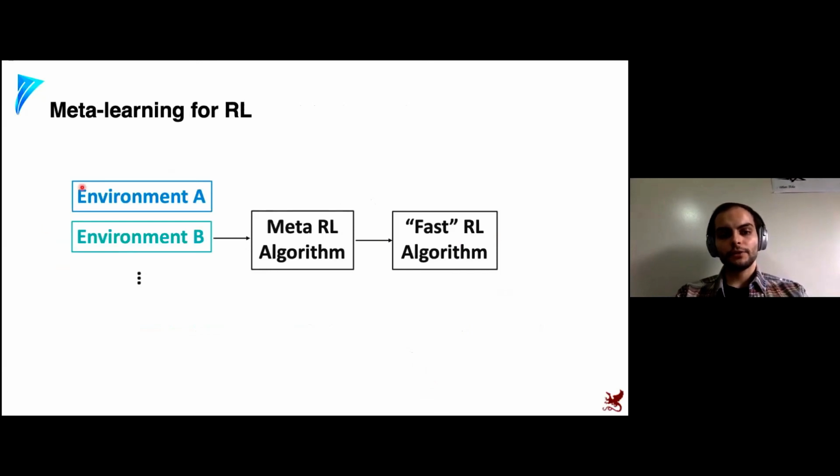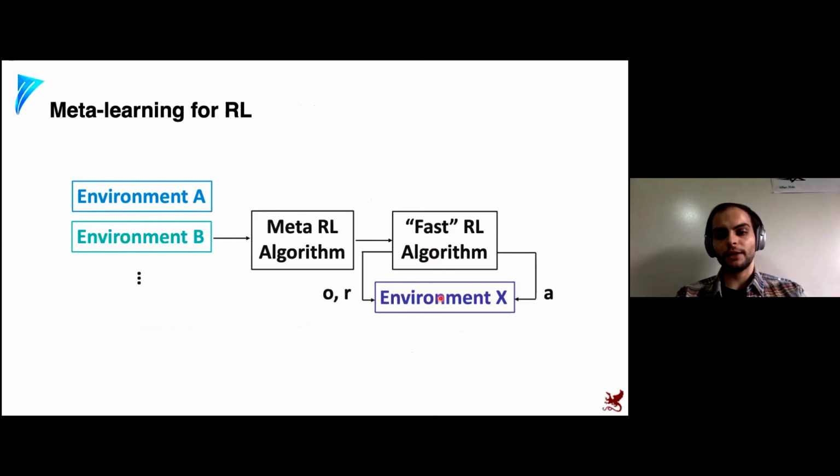Imagine you have a distribution over environments, and each single environment might differ from the others in the dynamics of the environment. They might differ in the reward function. They might differ in both of these aspects. And you have some sort of meta-RL algorithm that produces a fast RL algorithm. Why is it fast?